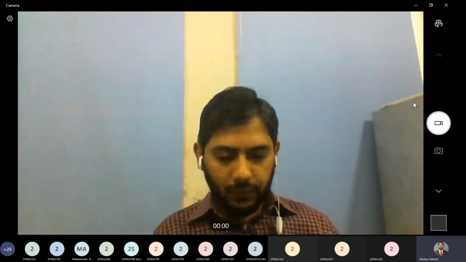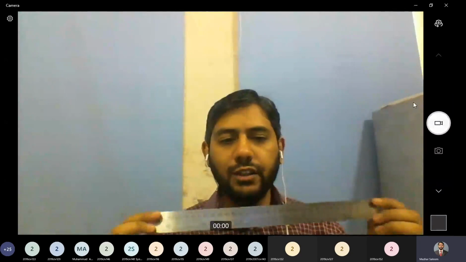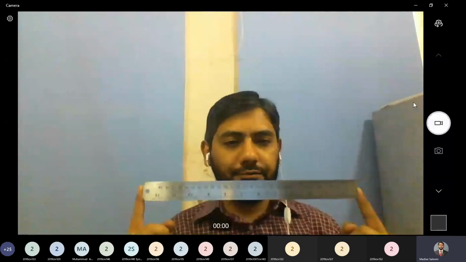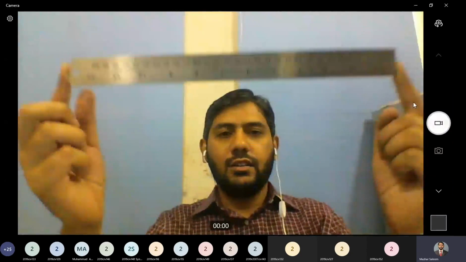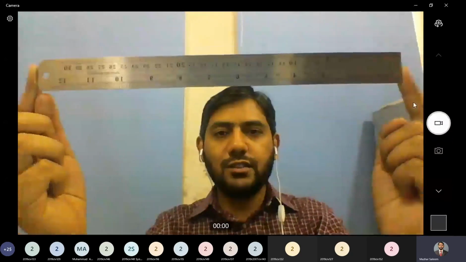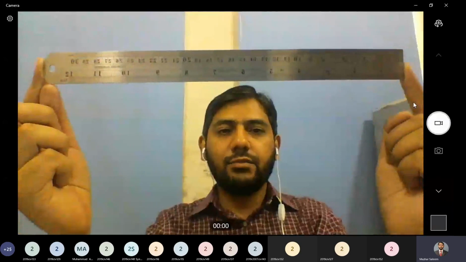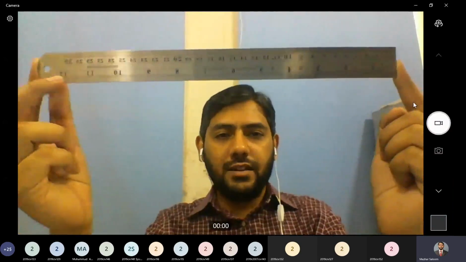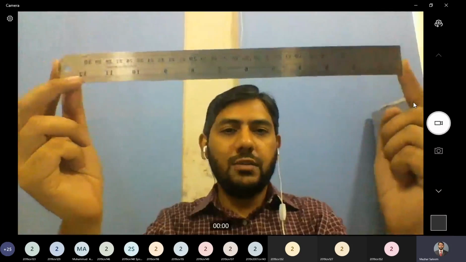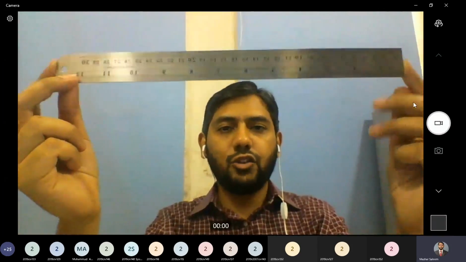Okay. All right. So there are some other simple instruments that we will be using, including the steel ruler. This steel ruler is graduated in terms of inches as well as millimeters. Right now, it is probably not that convenient to observe this. The resolution is not good, and plus you see the mirror image of the scale. So the image is already with you, and I will show you that image in a short while.